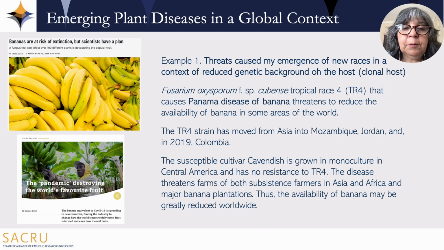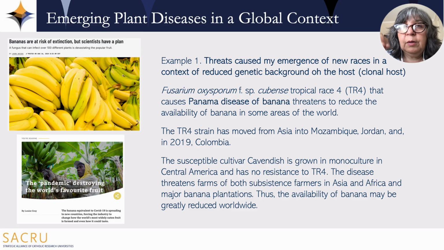So this is what we call a monoculture. There is only one variety that is spread in all the producing areas of banana, and we have a new pathogen that affects this genotype of banana.